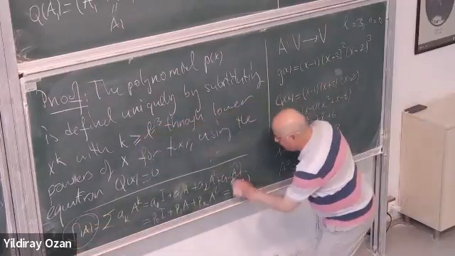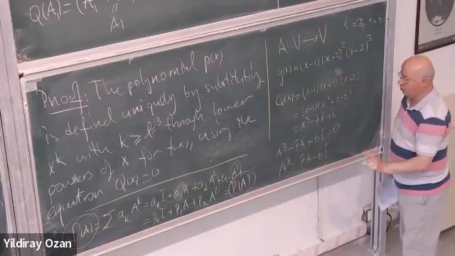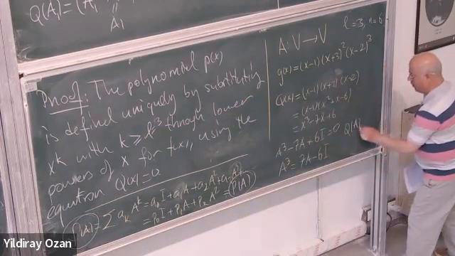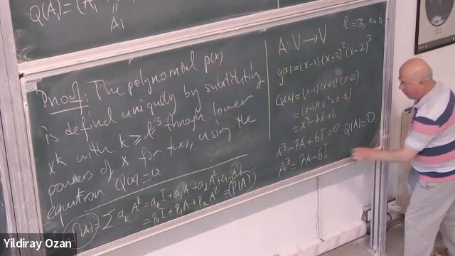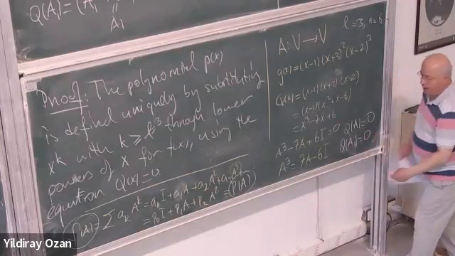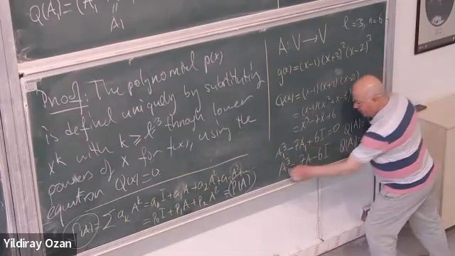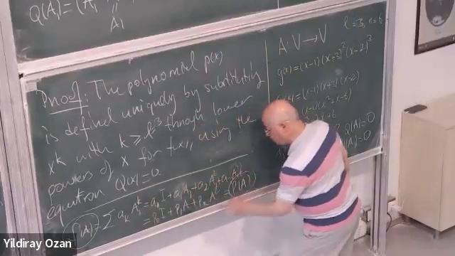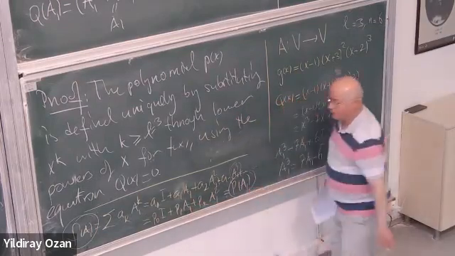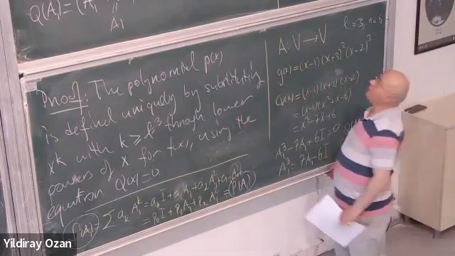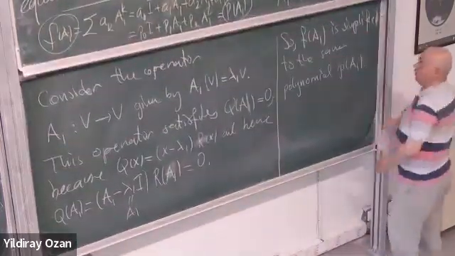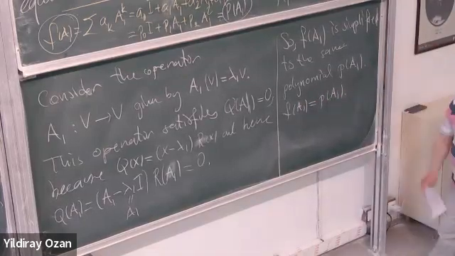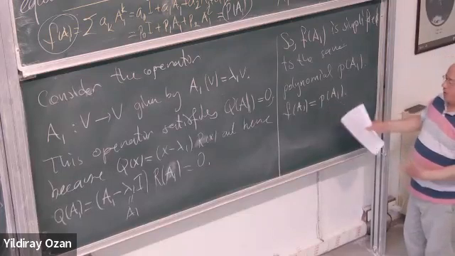F of A is equal to Q of A, and here the only thing we used is that Q of A is 0, right? The only thing we have used is this information. Now, Q of A1 is also 0. Therefore, I can write A1 here and write A1 here. So I will just get this. Okay. Therefore, f of A1 is the same as Q of A1. We knew this for A, but it is also valid for A1.